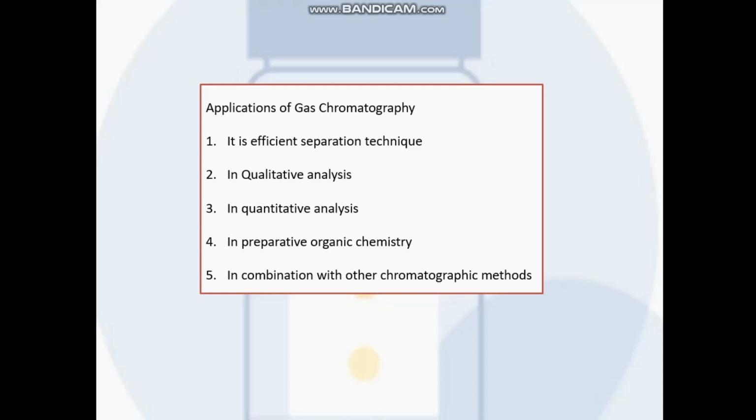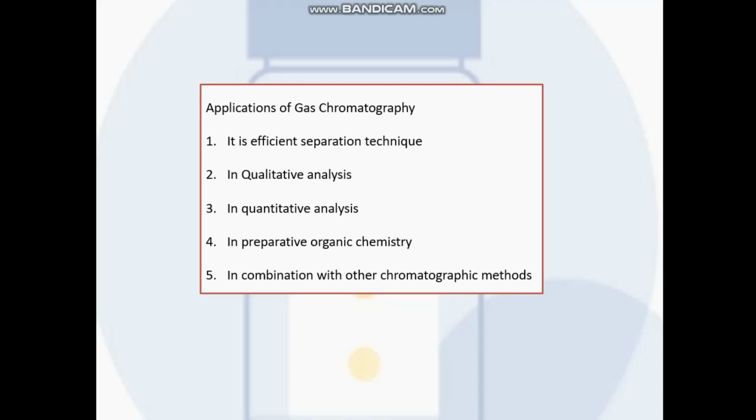Thus, retention times obtained from gas chromatograms allow identification of species by reference to standard retention time charts. Hence, the method of GLC can be used in qualitative analysis of mixtures of organic compounds such as natural products.